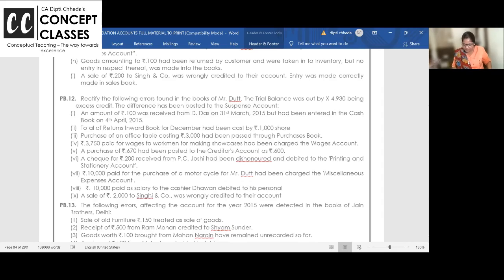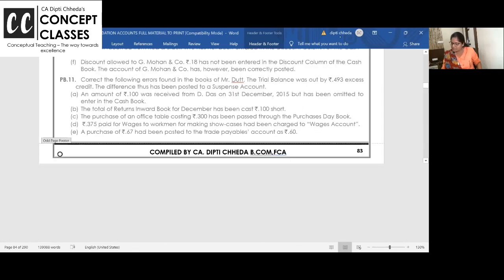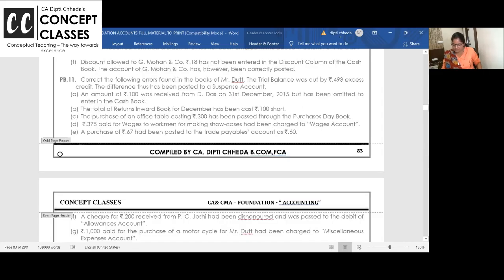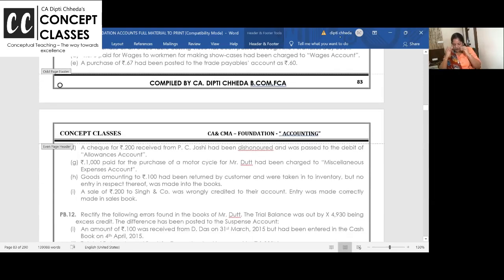One second. I think the screen is appearing blurred today.